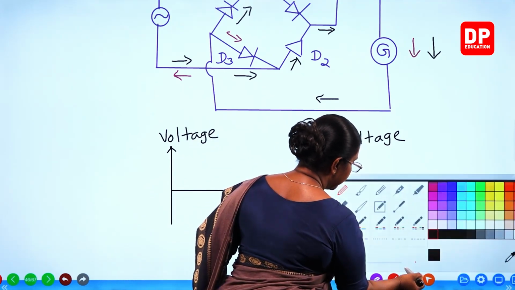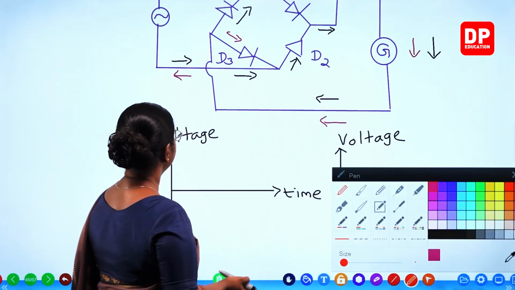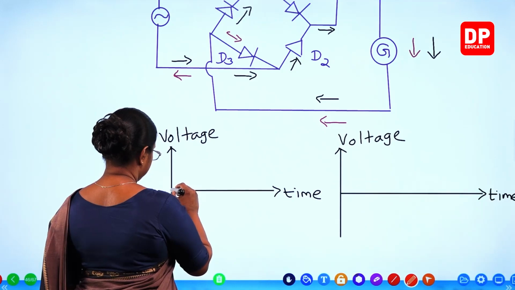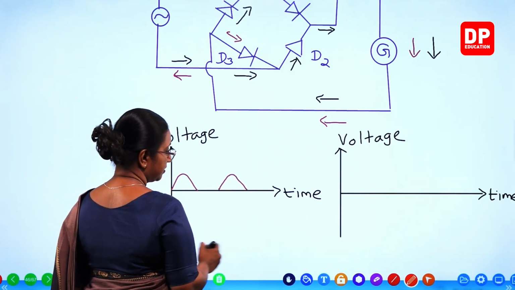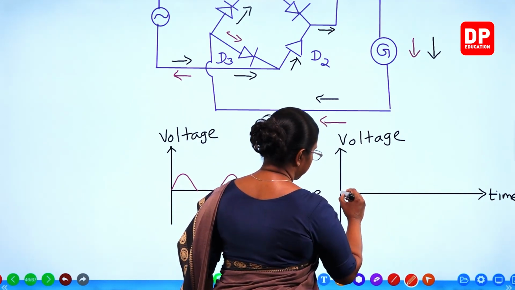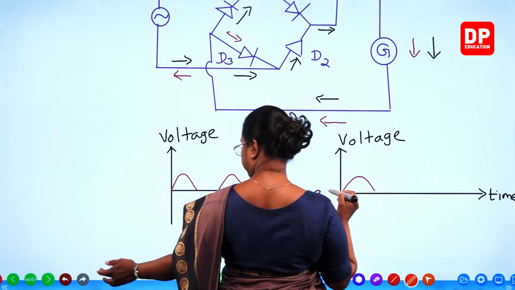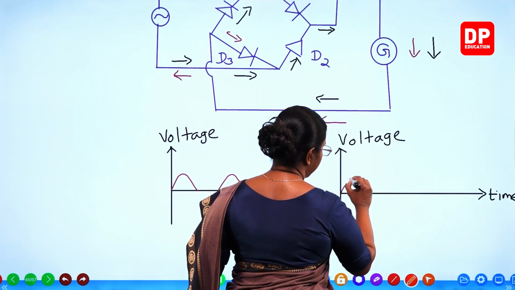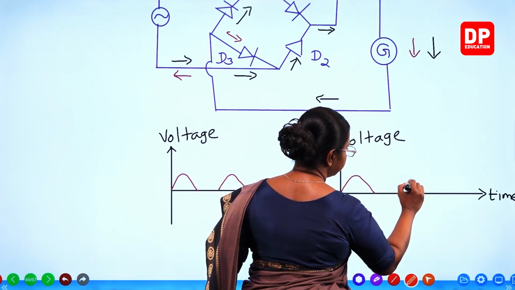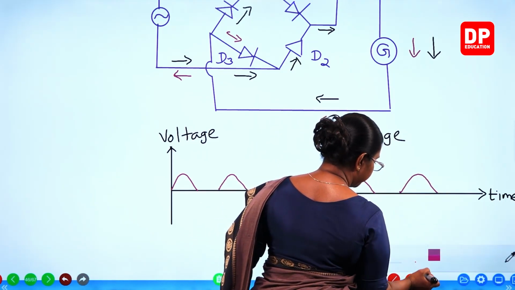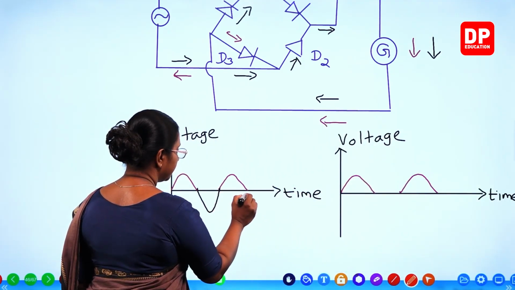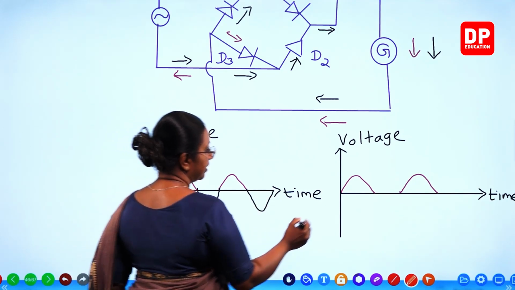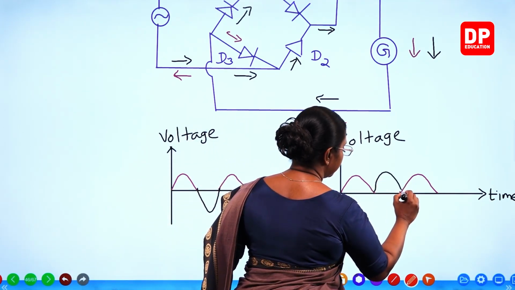So what happens there? I use the pink color arrows. These half cycles. So here we get the same half cycle like that. Then the black color arrows, we had the half cycles like that.